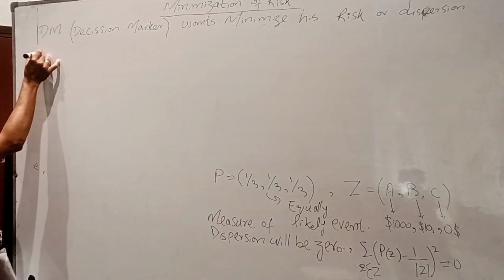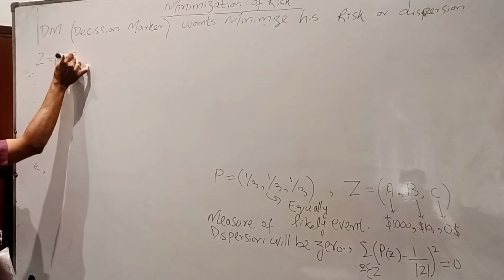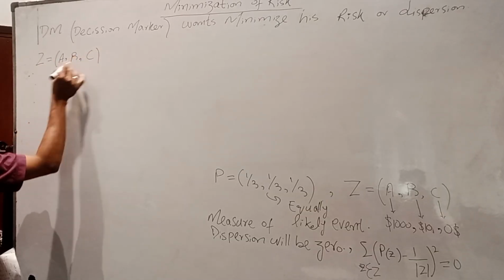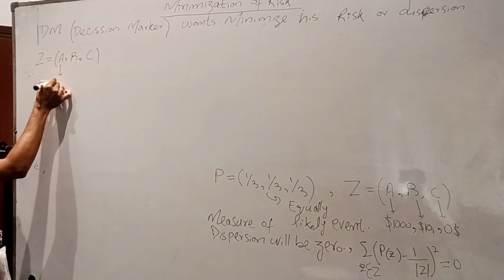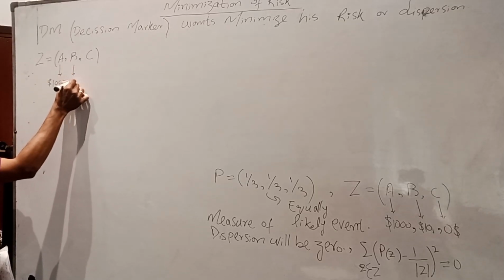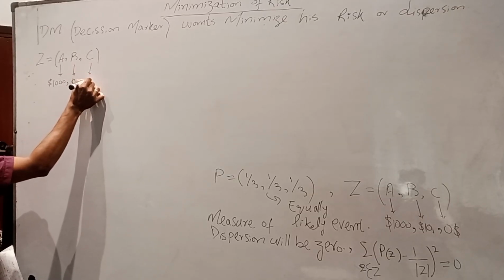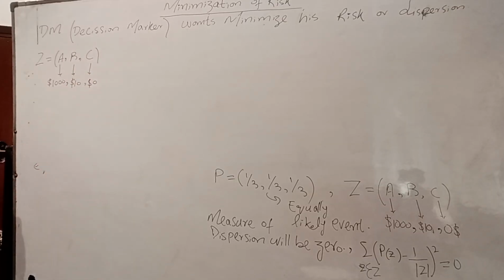Let's say z equal to a, b, and c, with outcomes dollar 1,000, dollar 10, and dollar 0.